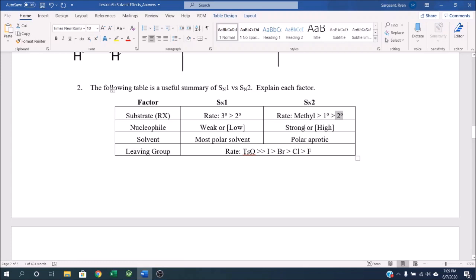Sodium hydroxide is a strong nucleophile, and the reason it's strong is because it carries a negative charge, so that generally makes it a pretty good nucleophile. And that negative charge is isolated to a single oxygen atom. It can't go anywhere else. There's no resonance. And it's a small atom, so it's a pretty good nucleophile. And so we expect that to go SN2.